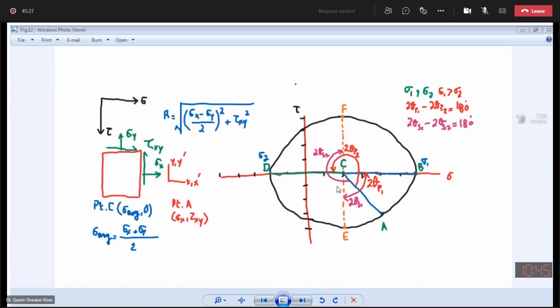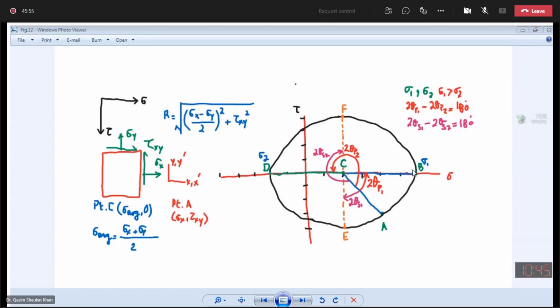You can now see this horizontal axis, the normal stress axis, over which the shear stress value is zero. So it means my principal plane is this horizontal line.